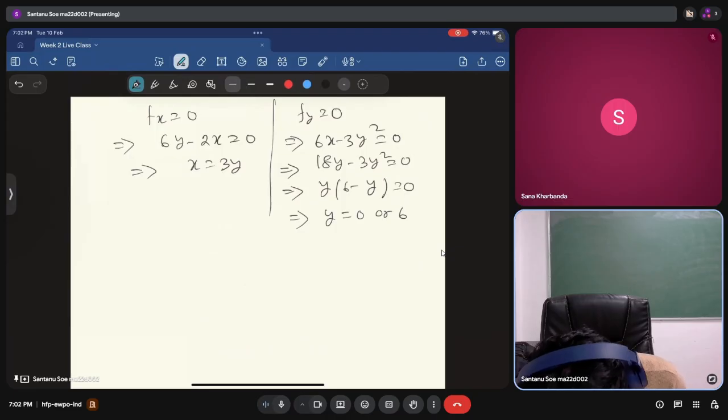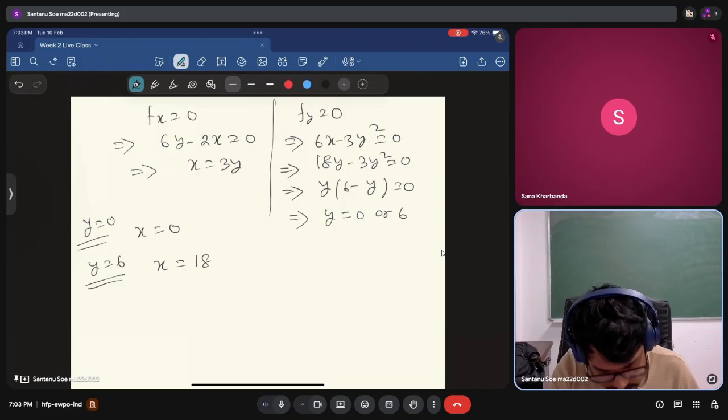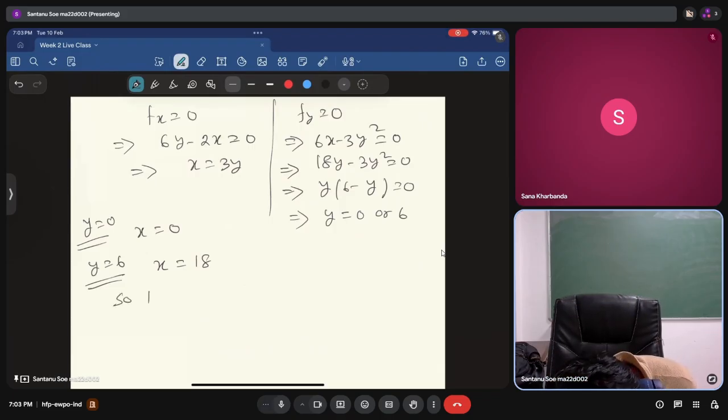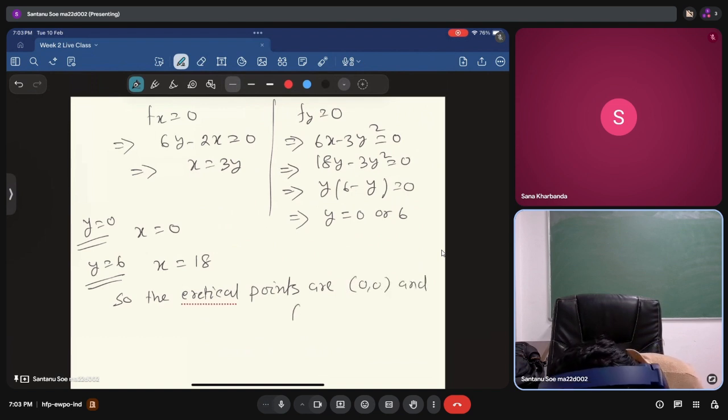So now if you put the values here, then y equals 0 will imply x equals 0, and y equals 6 will imply x equals 18. So the critical points are (0, 0) and, sorry, this will be (18, 6).